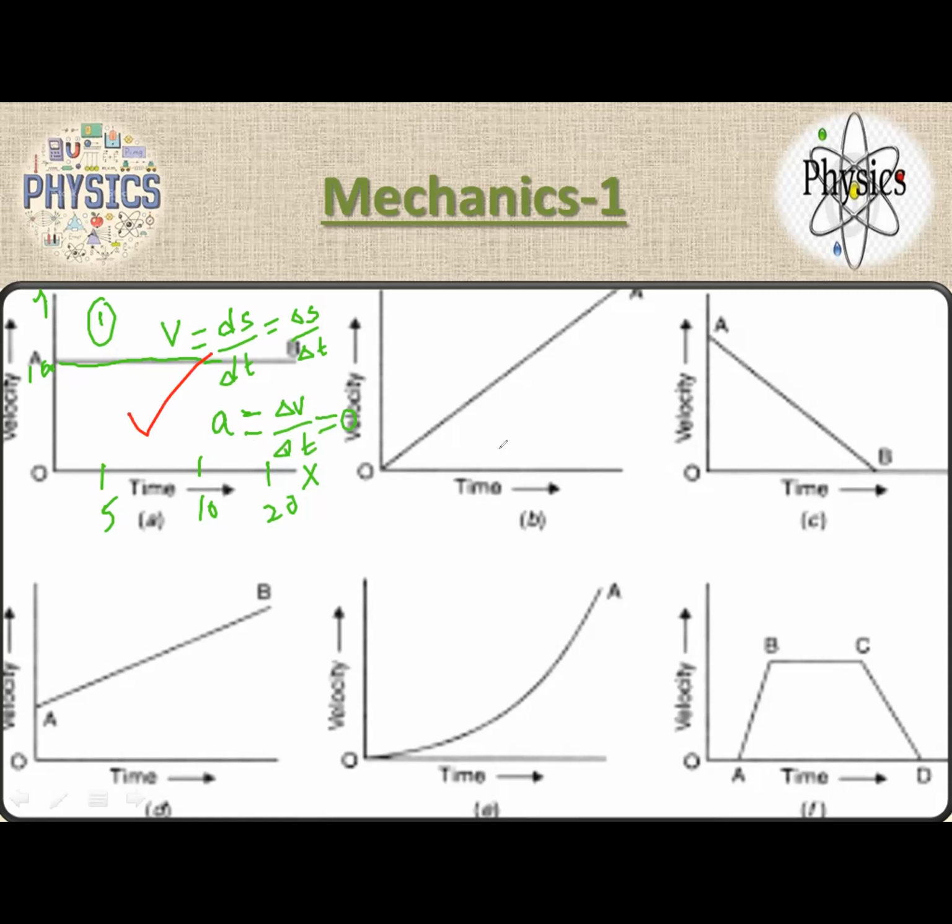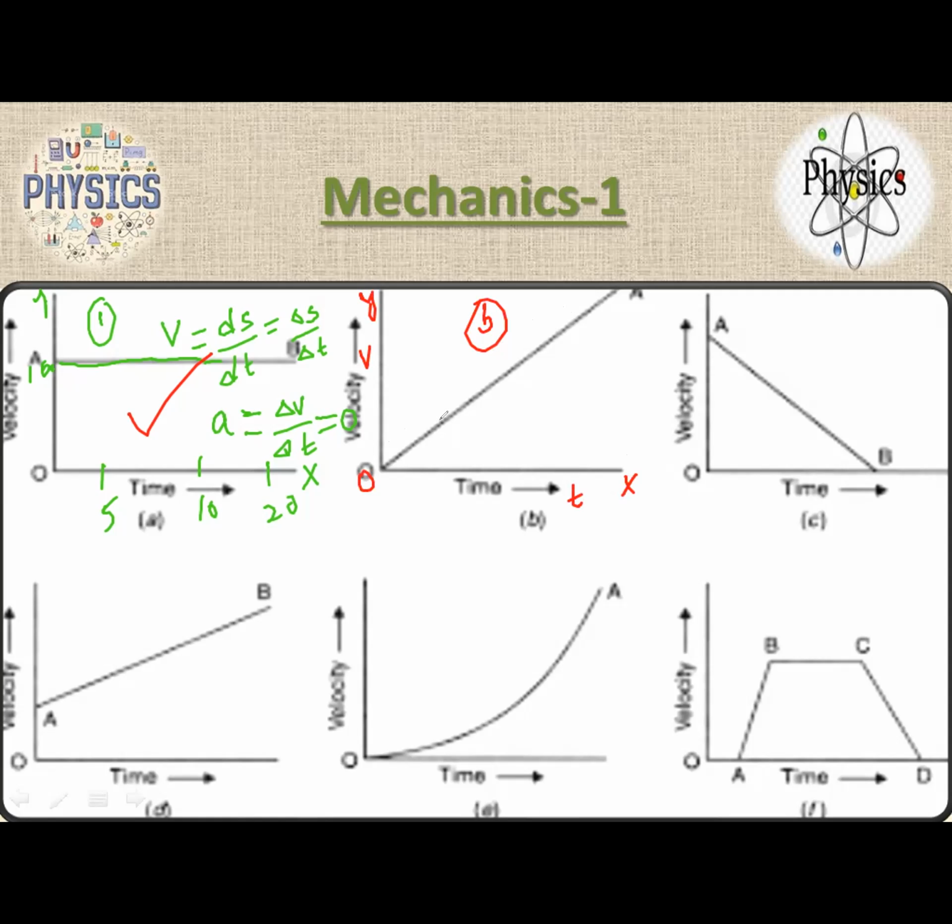So coming to the second graph, this graph also has time along the x-axis and velocity along the y-axis. Now tell me what is going on here. Can you describe this graph, Pranav? Velocity is increasing, sir.